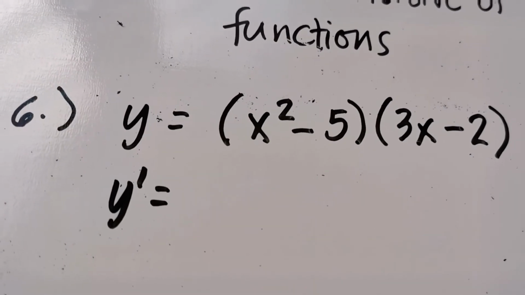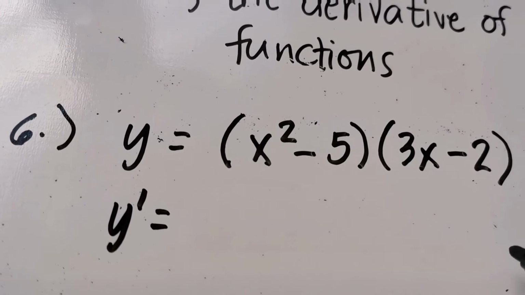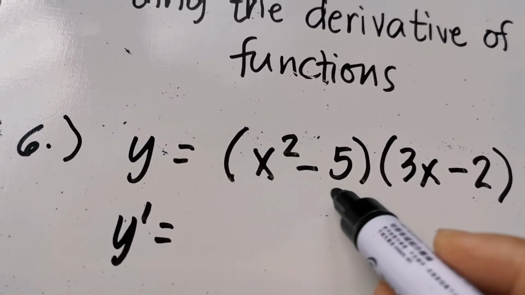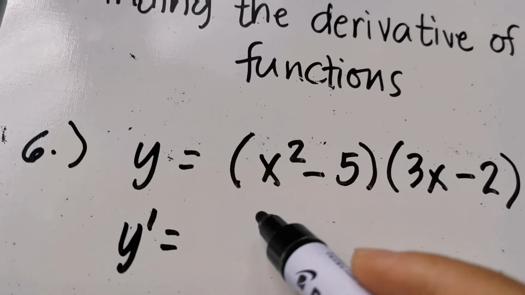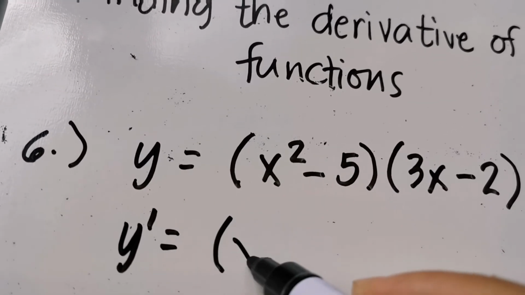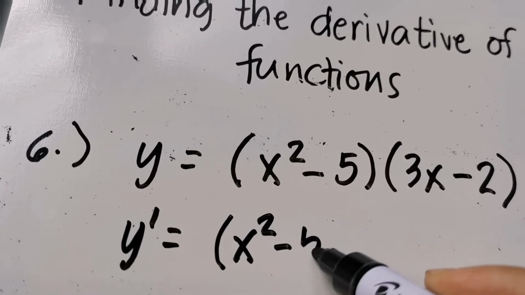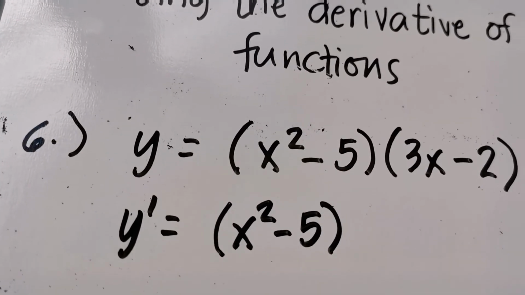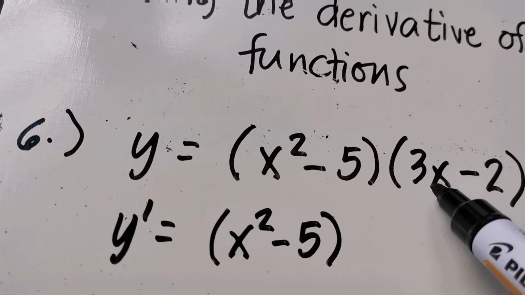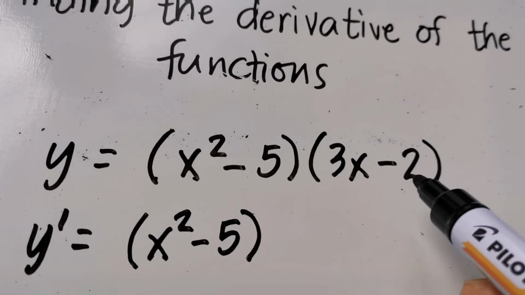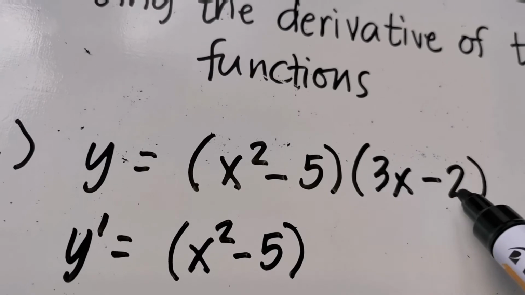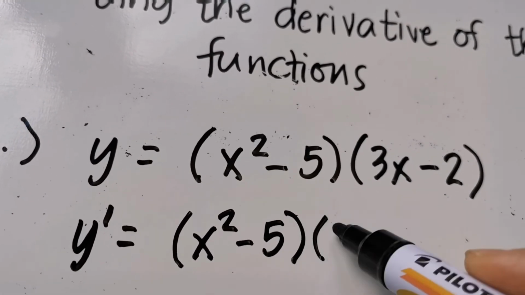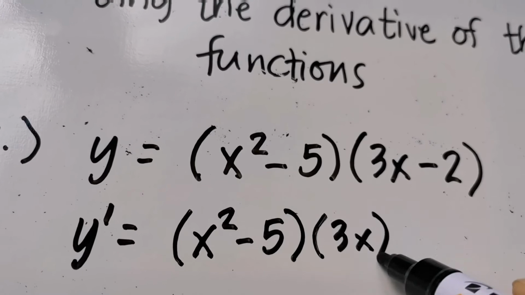We have to write the derivative, copy the first factor, which is x squared minus 5, times the derivative of the second factor, which is the derivative of 3x minus 2 is 3.